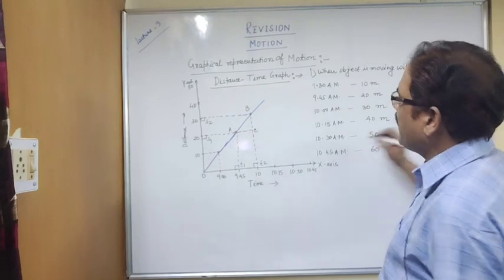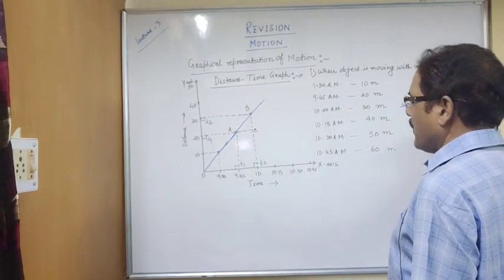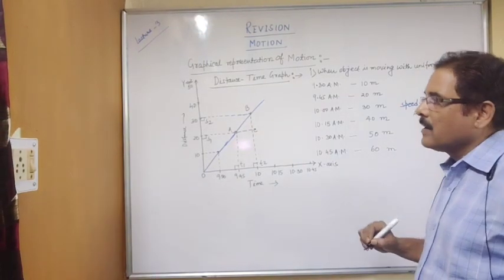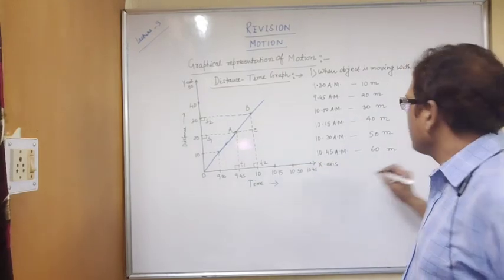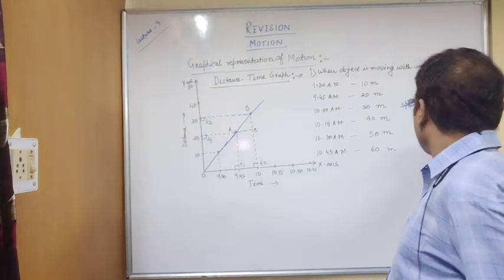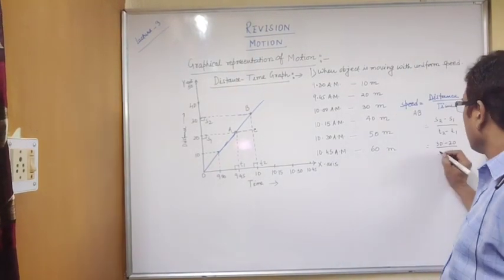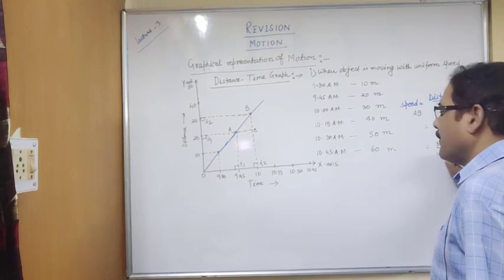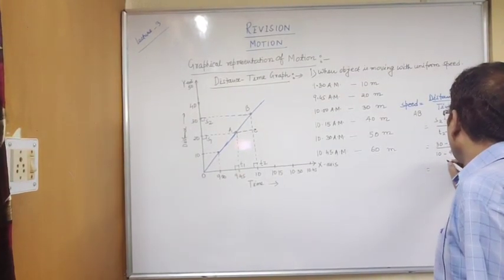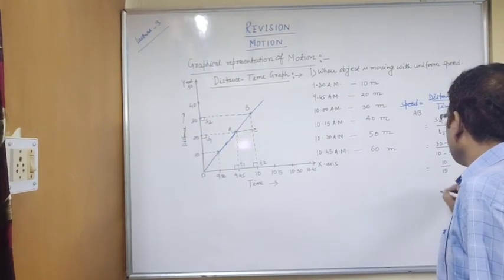Speed will be simply S2 minus S1 by T2 minus T1. So S2 is how much? 30. S1 is 20, and T2 minus T1, so 10 am minus 9:45 am. So you will get 15 minutes. Time is in minutes.